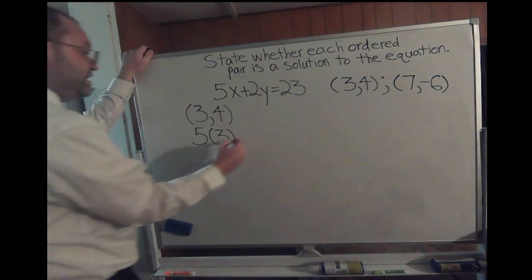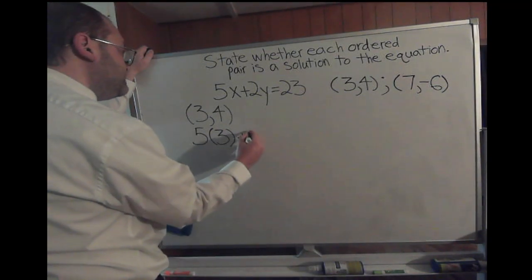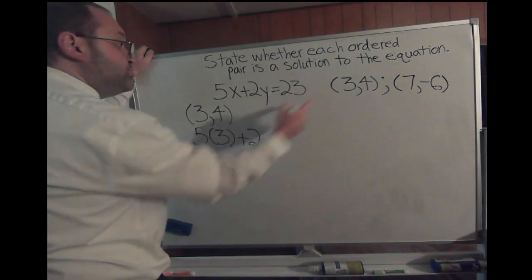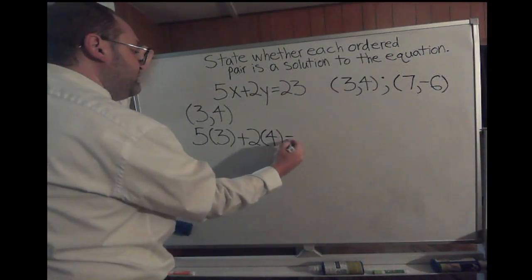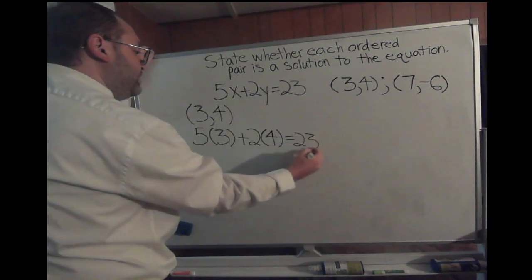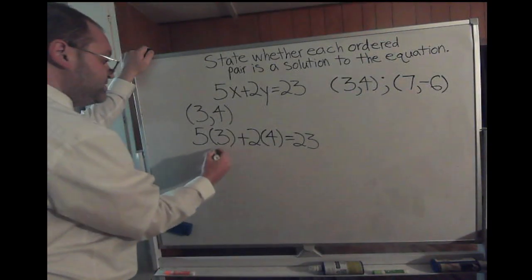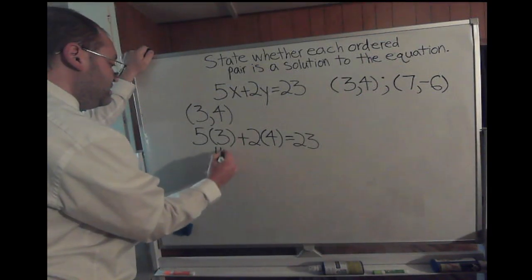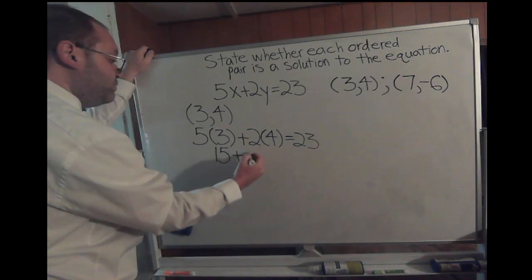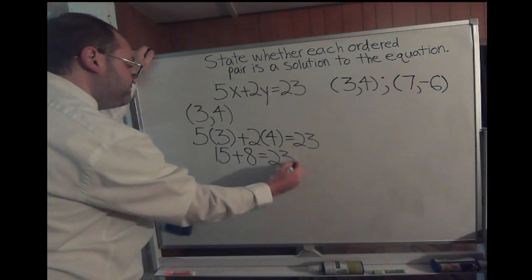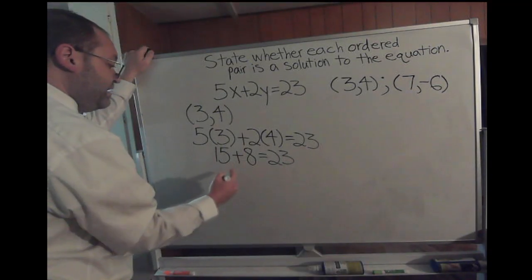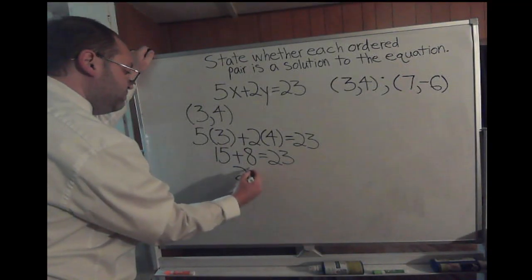So you have 5 times 3 plus 2 times your y coordinate of 4. Set that equal to the right side of 23. Well, 5 times 3, that's 15, plus 2 times 4, that's 8, equal to 23. And then you have 15 plus 8 equals 23.